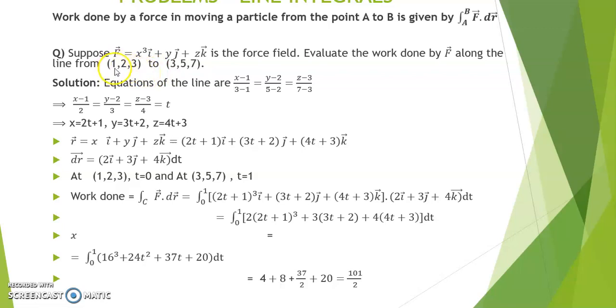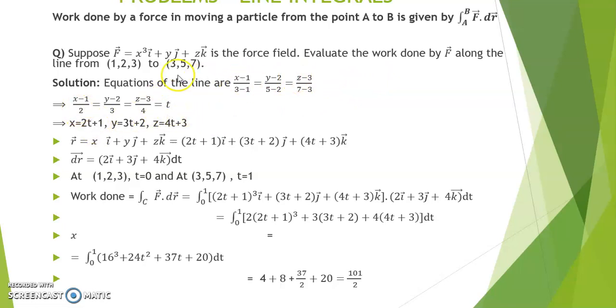So what will I do? I'll take (x1, y1, z1) and (x2, y2, z2), and I apply the formula of analytical geometry for a line joining 2 points: (x minus x1) by (x2 minus x1) is equal to (y minus y1) by (y2 minus y1) is equal to (z minus z1) by (z2 minus z1), equating to some constant called t.